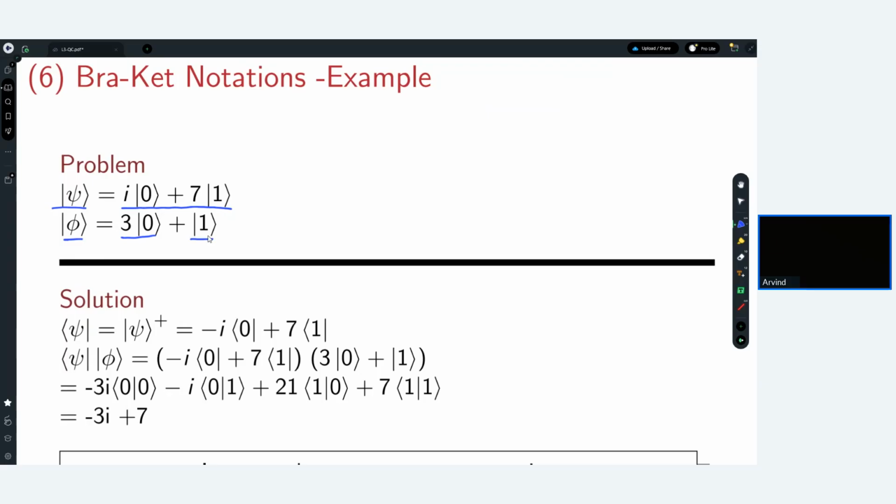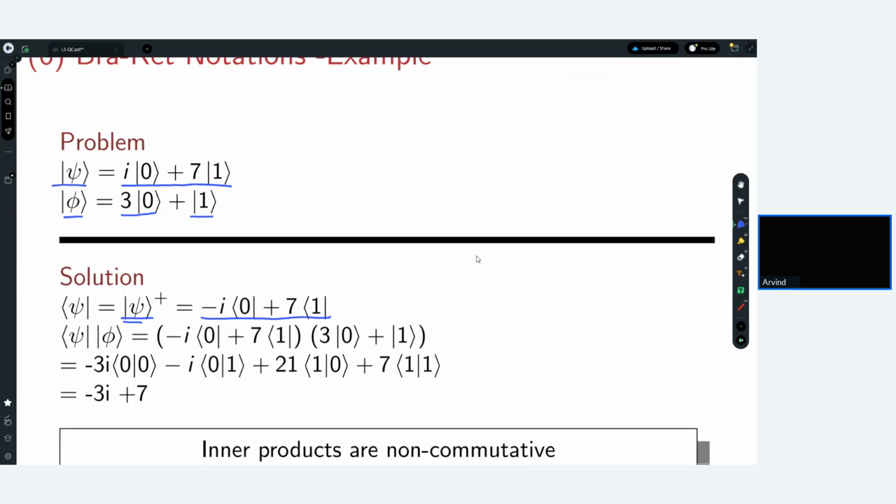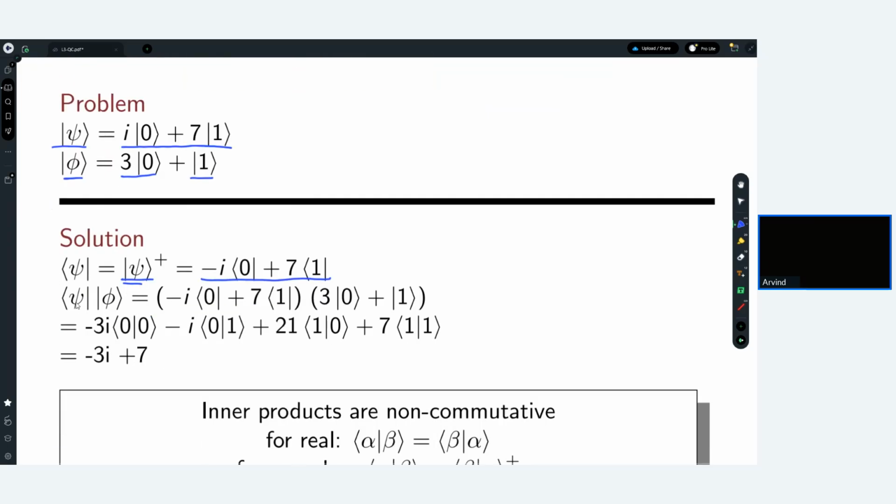In order to take the scalar product of these two functions, we need to rewrite the first ket psi into bra psi by taking the complex conjugate of the psi function, which is equivalent to minus I times bra0 plus 7 times bra1. Now these two terms can be multiplied.